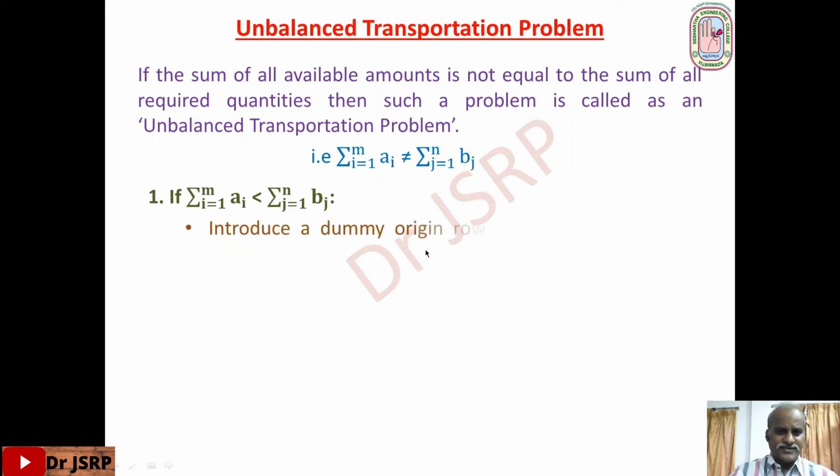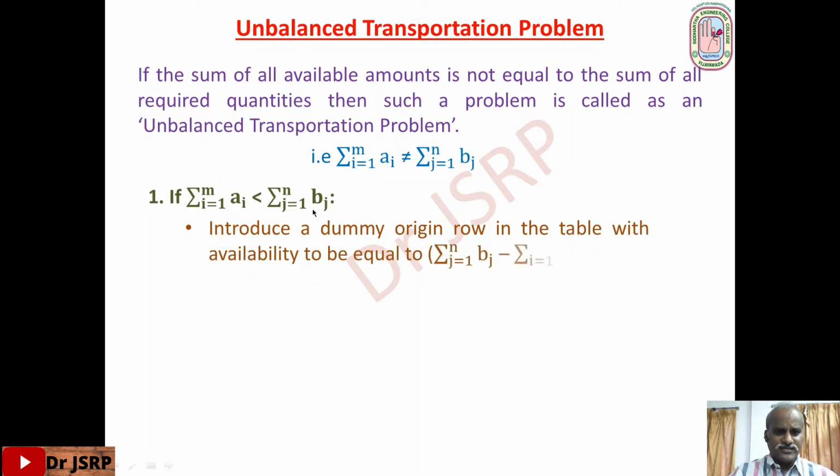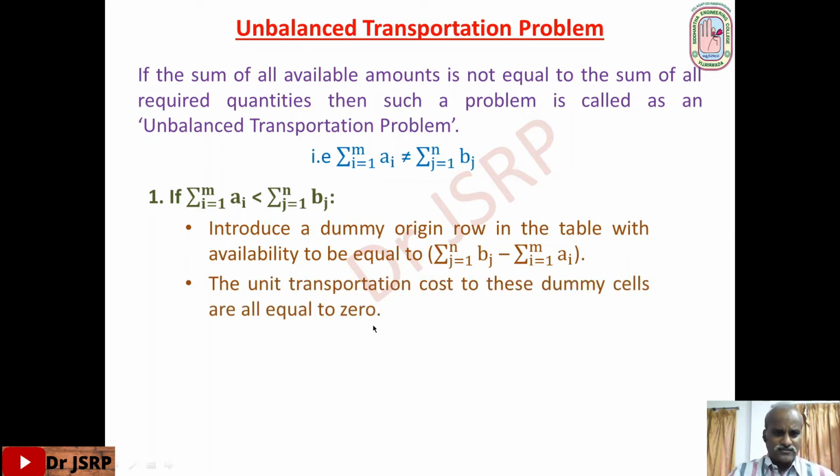So introduce a dummy origin row in the table with availability equal to sigma j equal to 1 to n, bj minus sigma i equal to 1 to m, ai. Since this is a dummy origin row, the transportation cost for 1 unit for all these cells is taken as 0. So this is the first case.